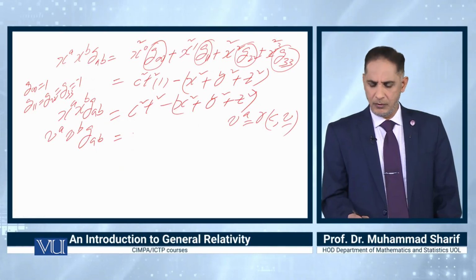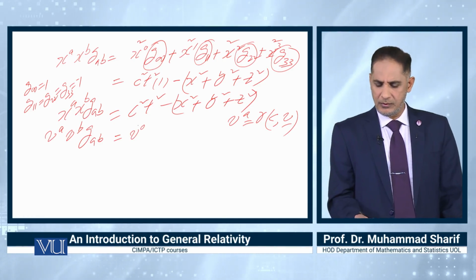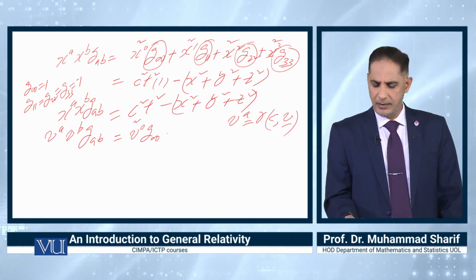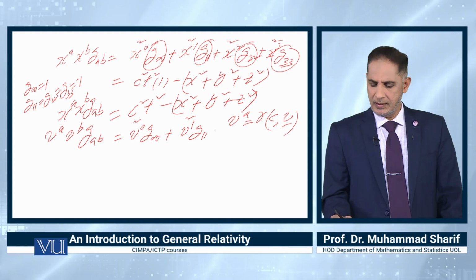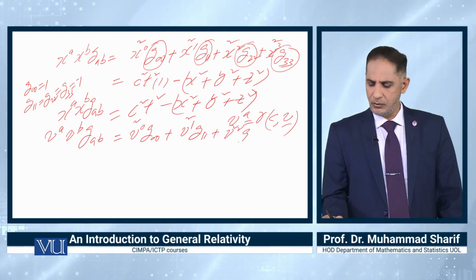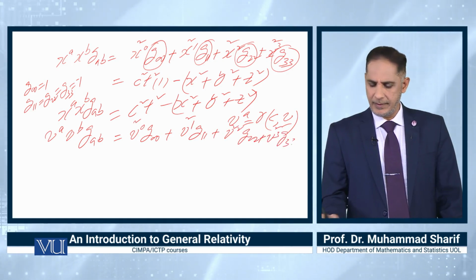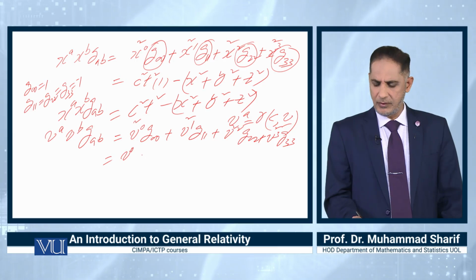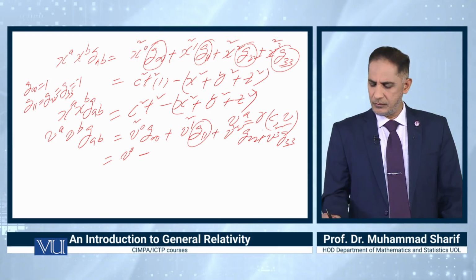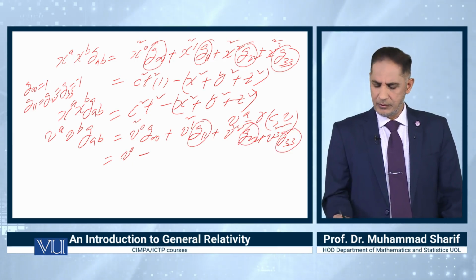So similarly, we can say v0 square g00, v1 square g11, v2 square g22, v3 square g33. So v0, and this is obviously 1, and g11 is -1, -1, -1. So we can just write v dot v.